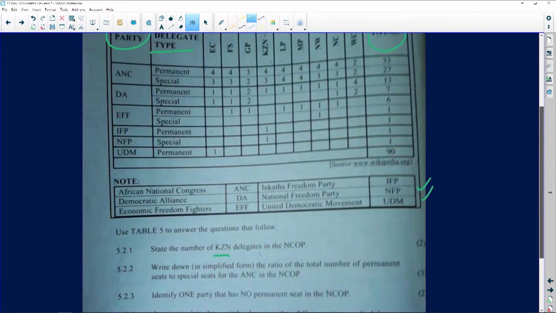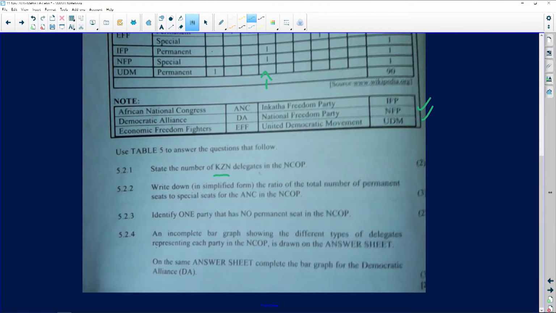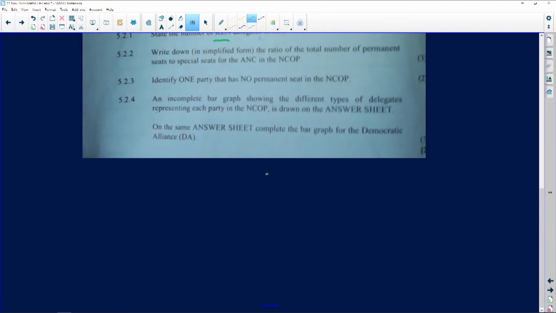Let's go see KZN. This is KZN, and all we need to do basically is add up the delegates in this column. I'm going to name that 5.2.1.